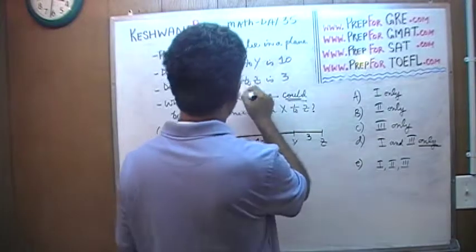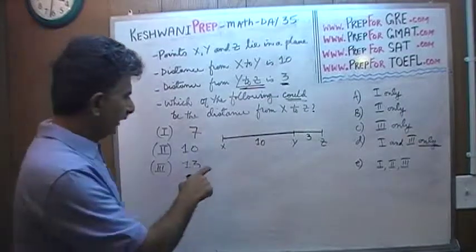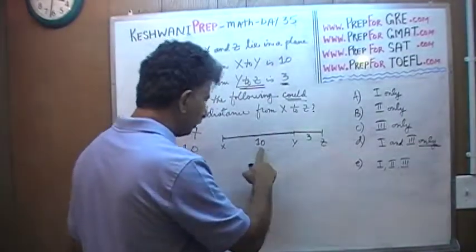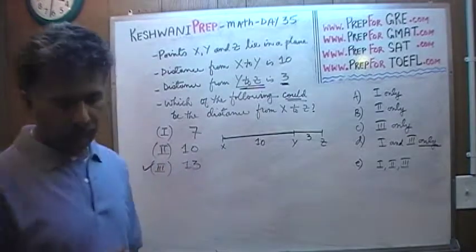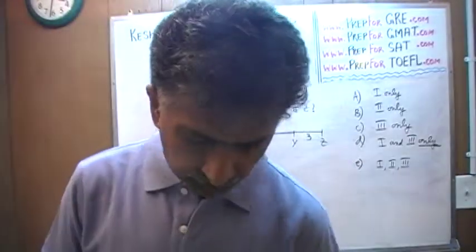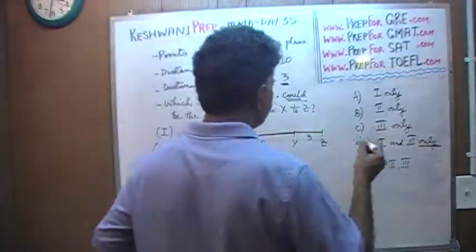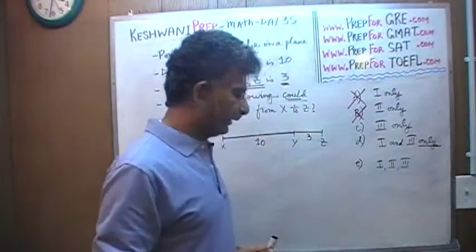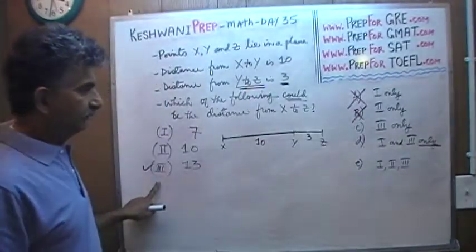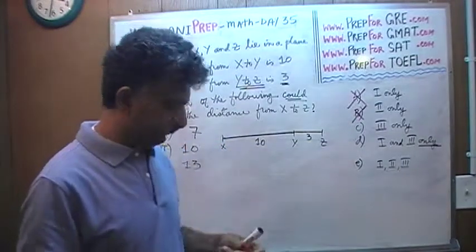Y to Z is 3, which means the distance from X to Z could be 13. It could be 13, which tells us the correct answer, whatever it is, has to contain Roman numeral 3 in it, which tells us that A is impossible, B is impossible because it doesn't have 3 in it. 13 is possible. The possible answer choices are C, D or E.